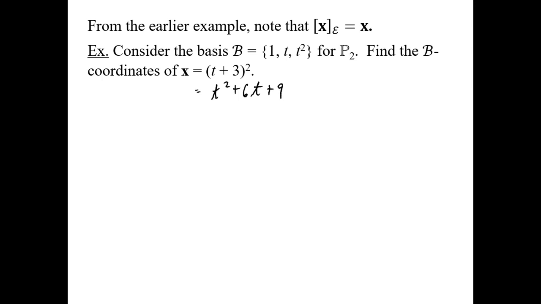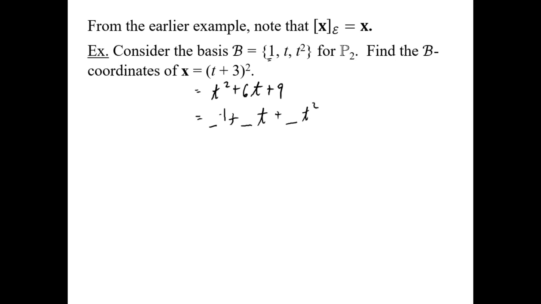But I'm going to rearrange this a little bit. I'm going to, again, think of this as some constant times my first vector in the basis, 1, plus some constant times the second vector, t, plus some constant times the third vector, t squared.